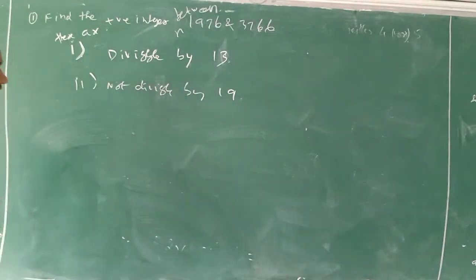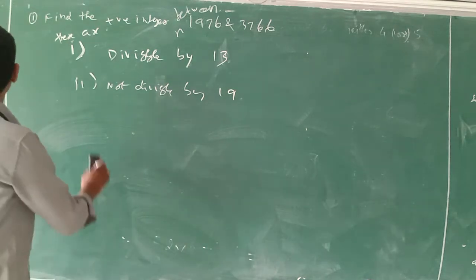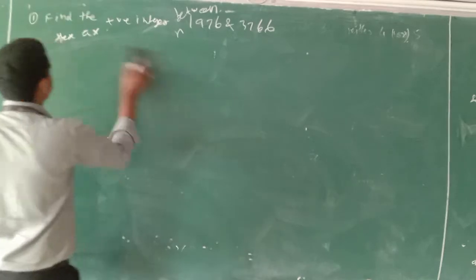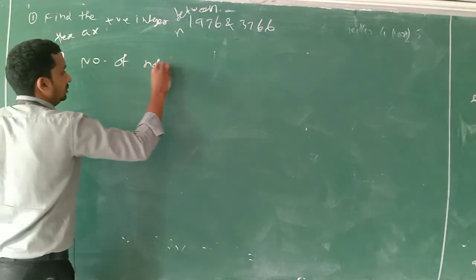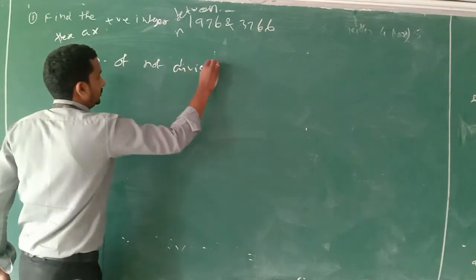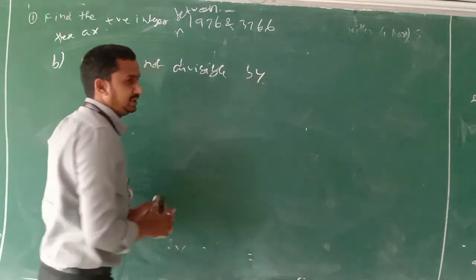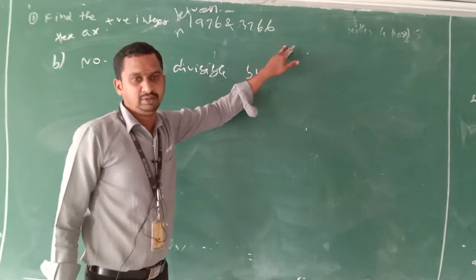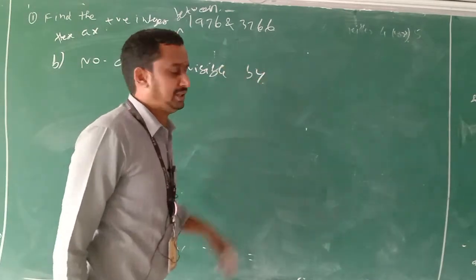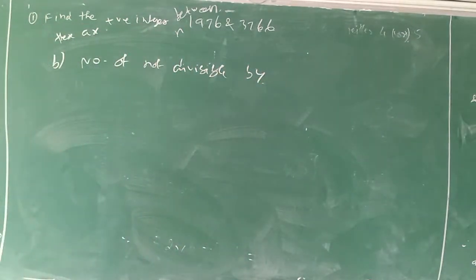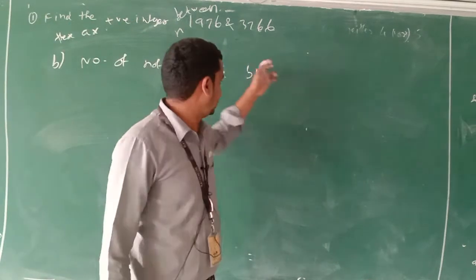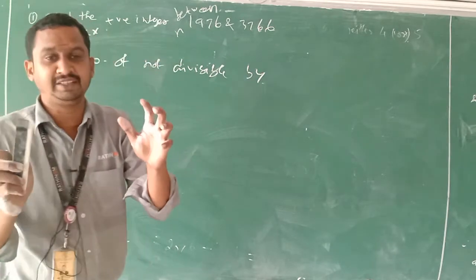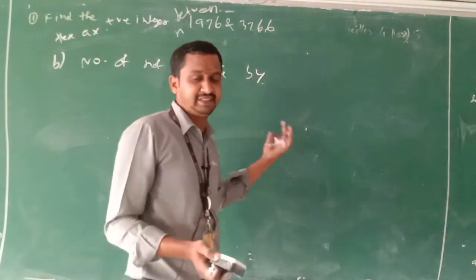What is the second one? The number not divisible by 19. So the second one is the number not divisible by 19 between these two ranges. First you have to find the number divisible by 19 between these two values, then subtracting that from the total, we get the not divisible value.